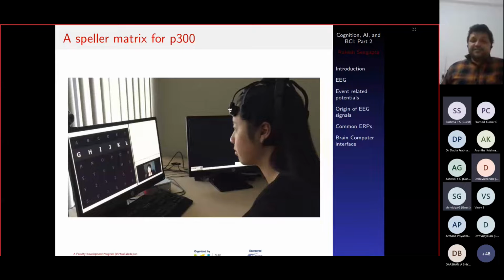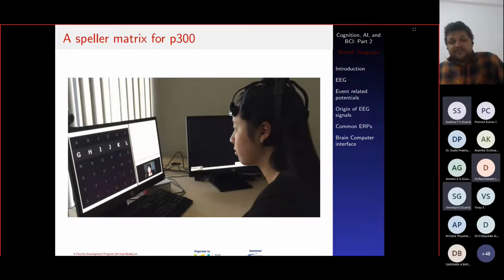And there are these speller matrices for P300, where a line of letters gets lit up every second. This line will move upwards, downwards, or go from left to right. And you have to have a word in mind. Let's say you have the word water in mind. So the possibility of W being lit up is 1 in 36 every time.